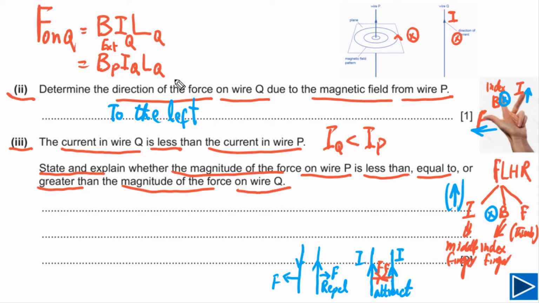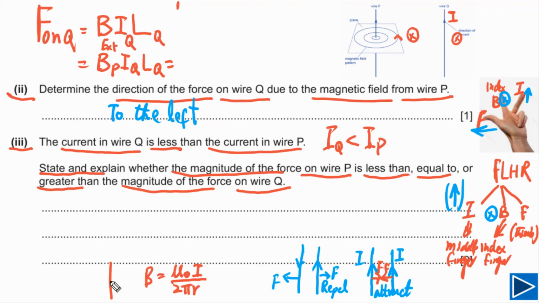First of all, let's try to understand how we can find the magnitude of force on any wire. We have already discussed a little bit about force on Q. If we talk about force on Q, this force is equal to BP IQ LQ. But B, this is a very important point, the magnetic field around any wire, is equal to mu naught I divided by 2 pi r.